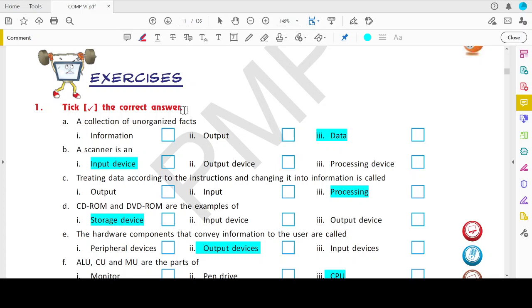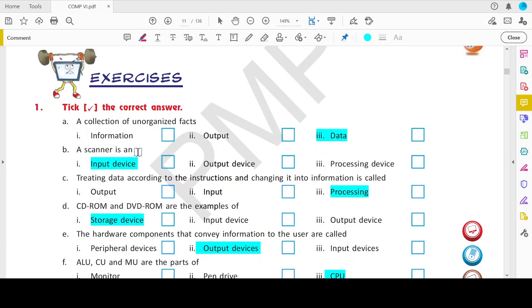When facts are organized to reveal some meaning to those who are viewing the data or listening to it, it is carrying some meaning to those people, so this is information when it is organized, but the unorganized facts are data. So a collection of unorganized facts is data.